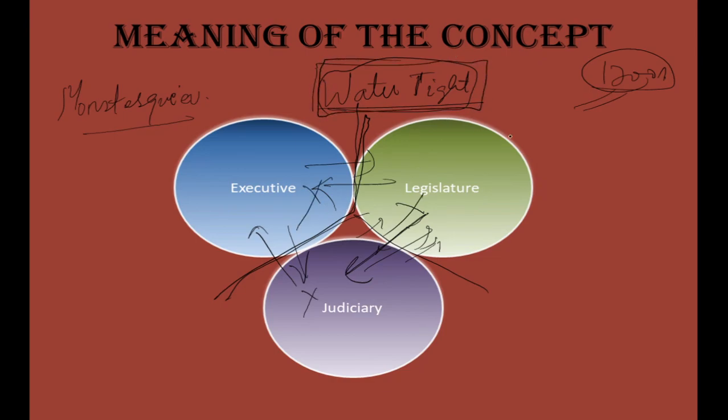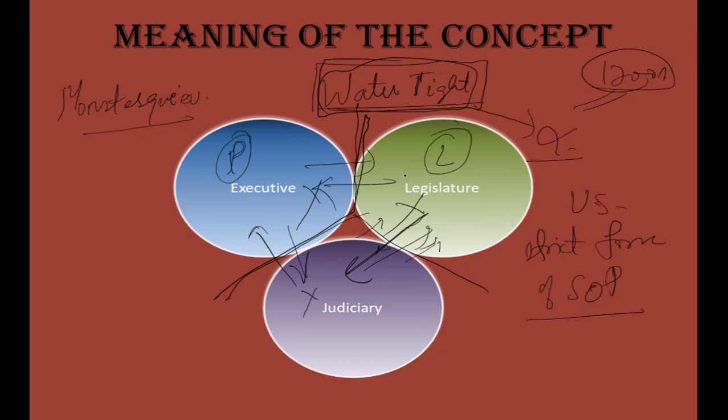Now this model is not followed almost anywhere in the world. The United States has one of the most strict forms of separation of power. Even they don't follow this watertight model. So there, the executive, that is the president, has some legislative power.